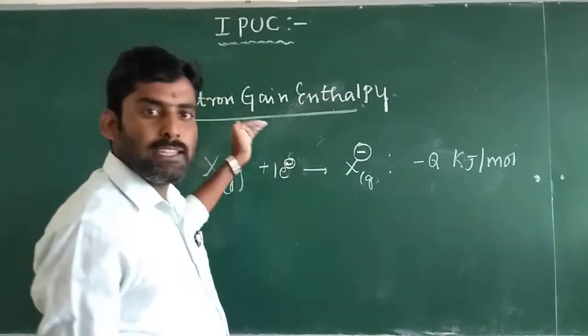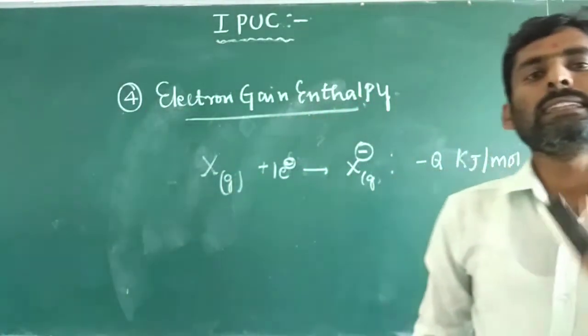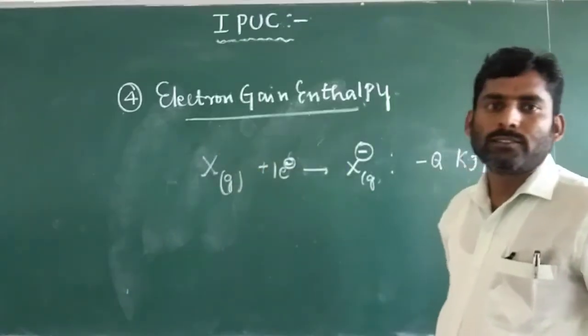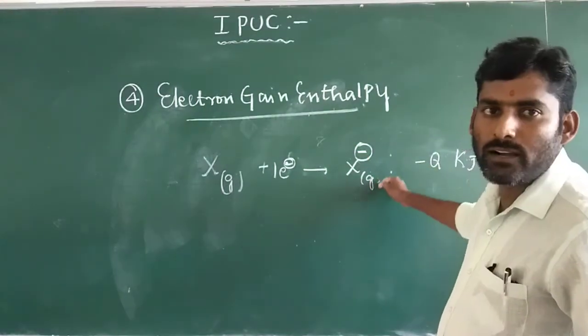So electron gain enthalpy is nothing but the amount of energy released when an electron is added to the neutral gaseous atom to become a negative ion.